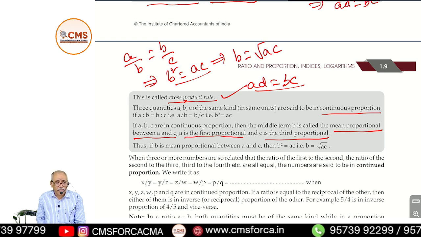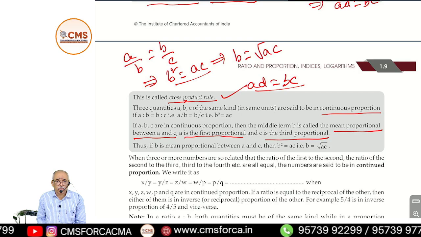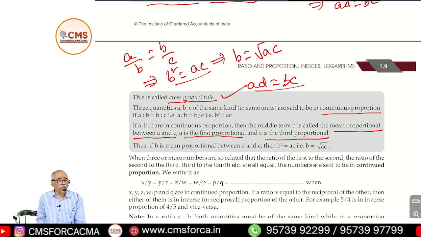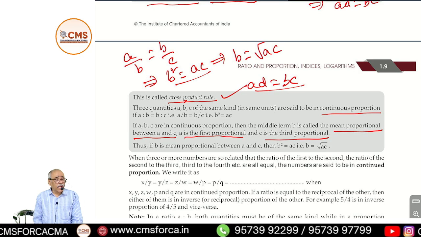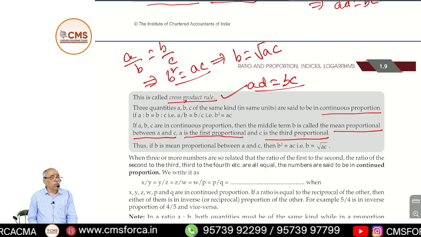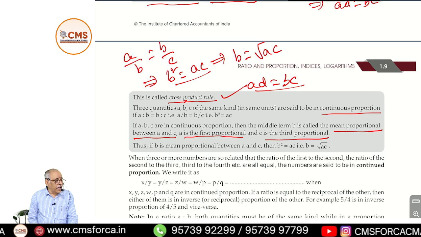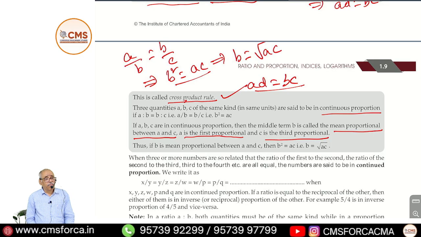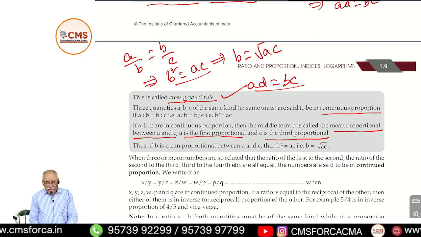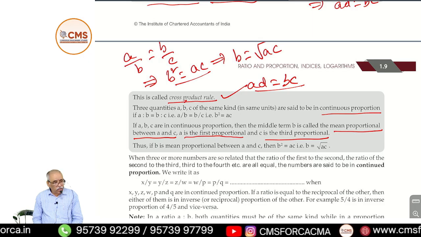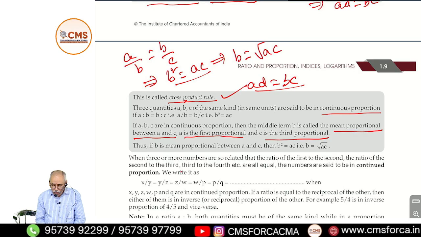In this case, B square is equal to AC, B equal to root AC. That B is called mean proportional between A and C. A is called first proportional, C is called third proportional. Understood?